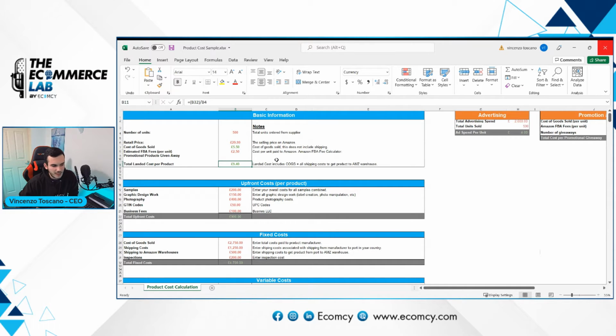So have a look, but I don't think you should be spending more than 50 to 100 pounds on UPC codes based on the new pricing that the GTIN website is offering, which by the way is the only place where you should be buying the GTIN codes from, because in other places you might have problems with Amazon if the GTIN code for some reason is not being recognized.